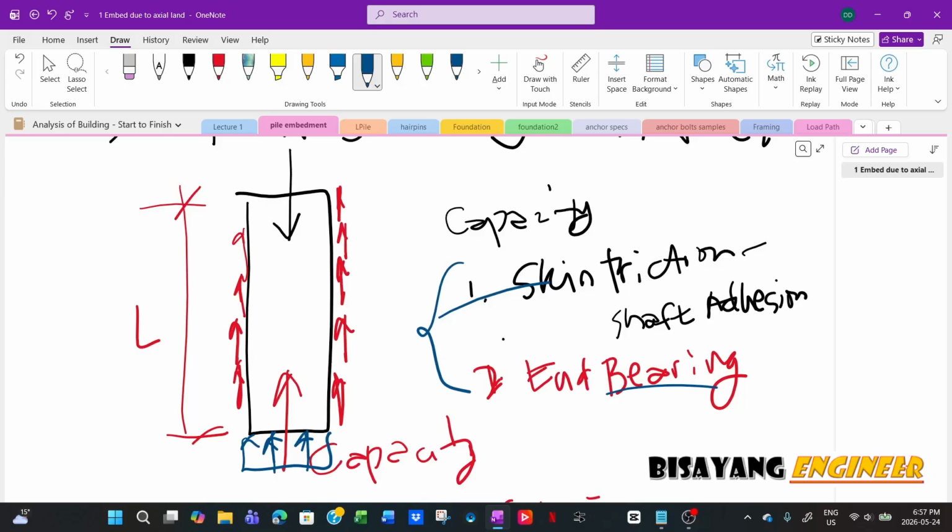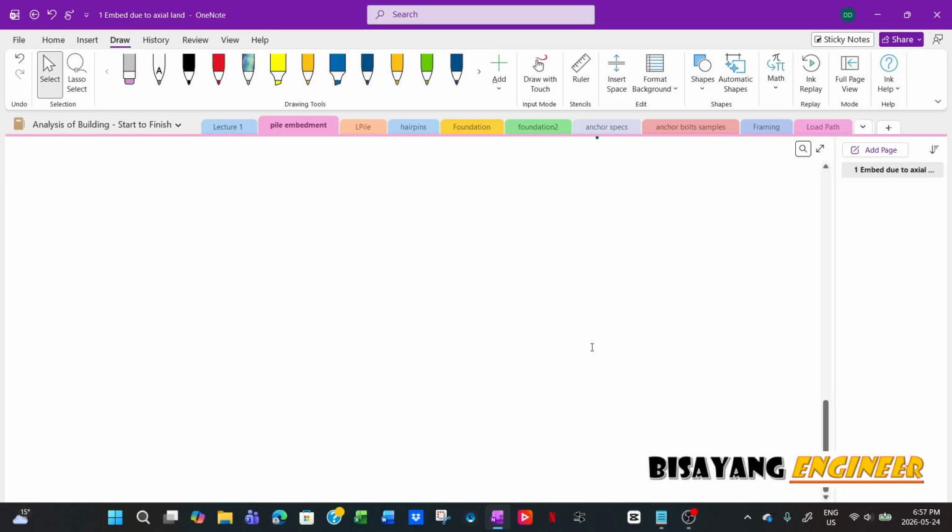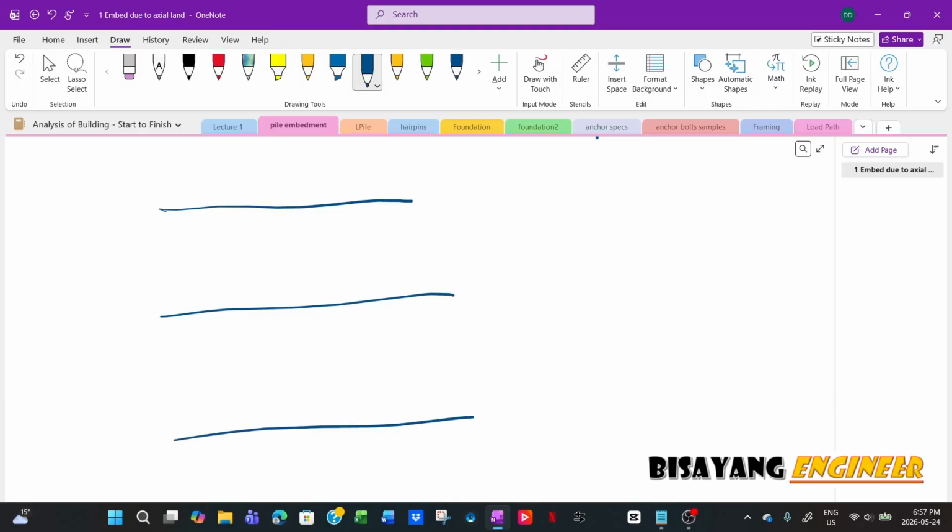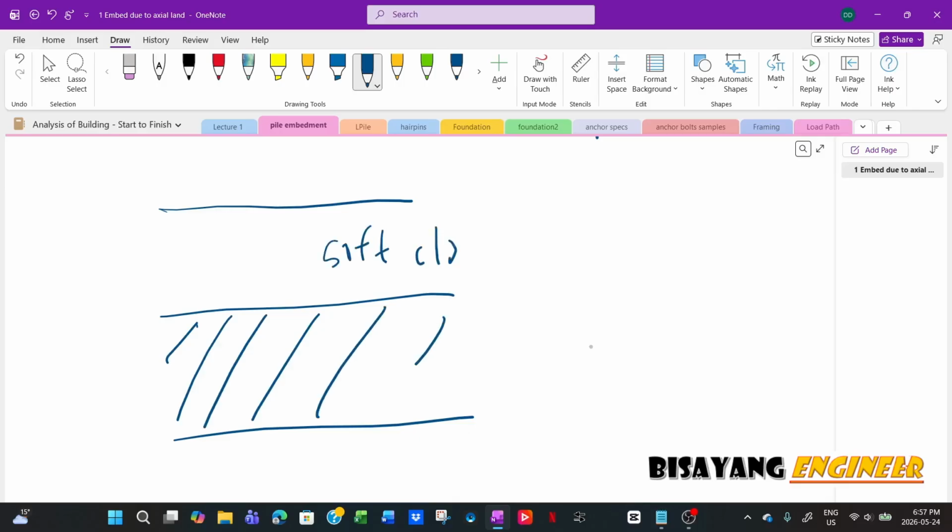Now, with regards to minimum embedment, of course, if you are using end bearing, say this is your strata, this is like a good soil. Say this is soft clay, layer one, 6 meters, and then layer two, a 3 meter layer, so the total is 9 meters.